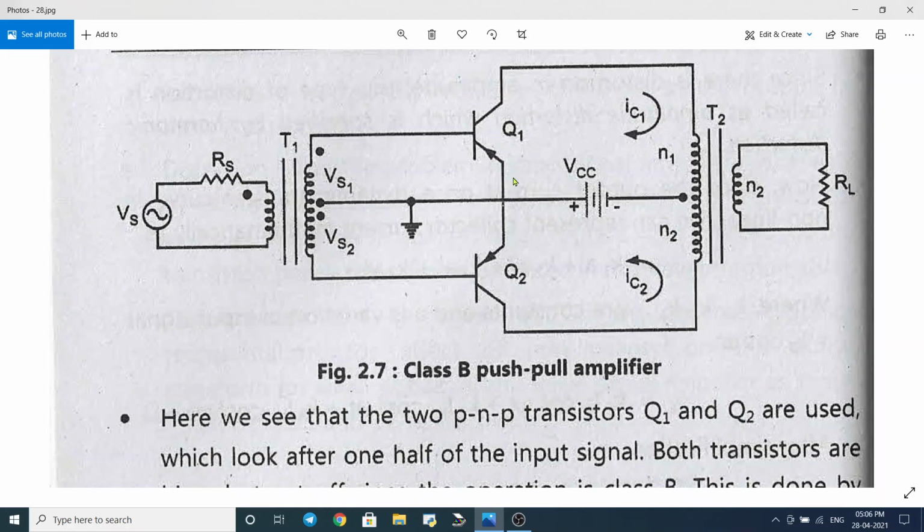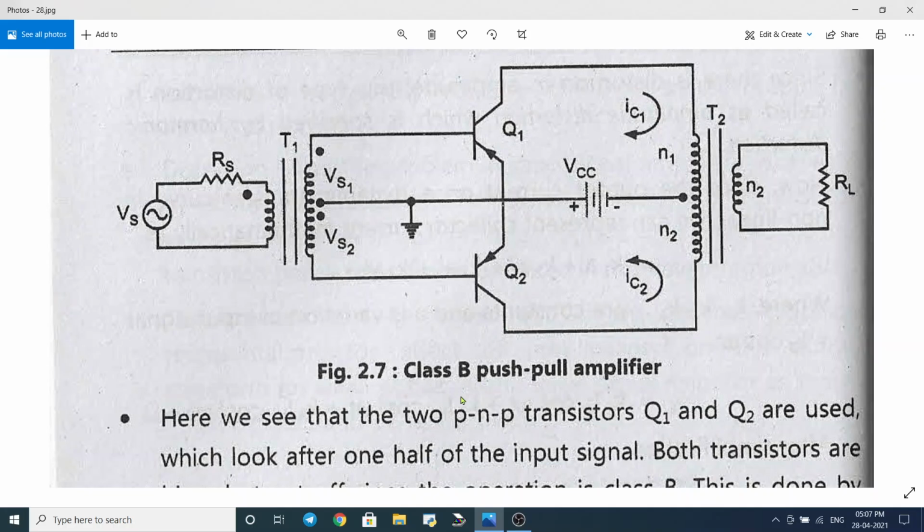Both of these transistors are PNP type power transistors. We can use either both PNP or both NPN transistors. If we want to use NPN transistors, we have to reverse the battery terminals in order to bias the transistors properly in class B mode.